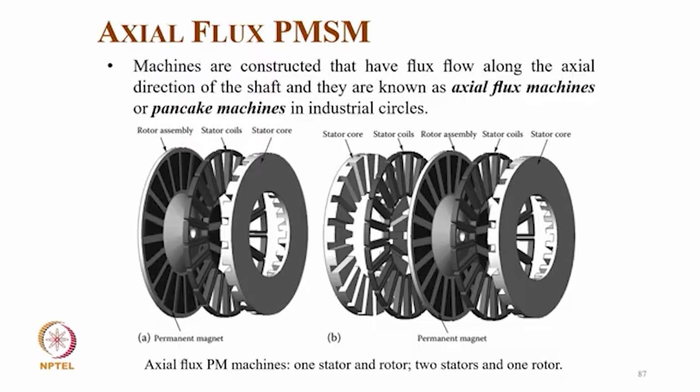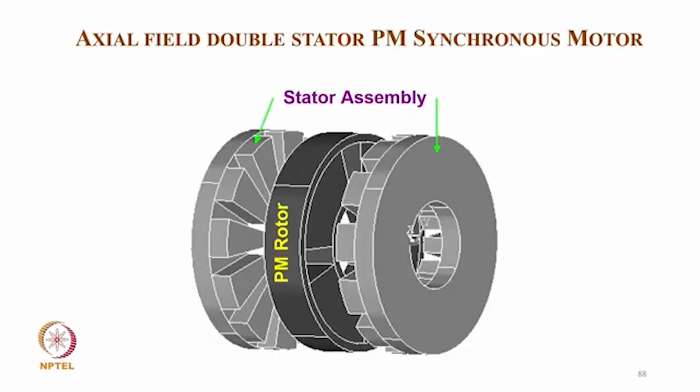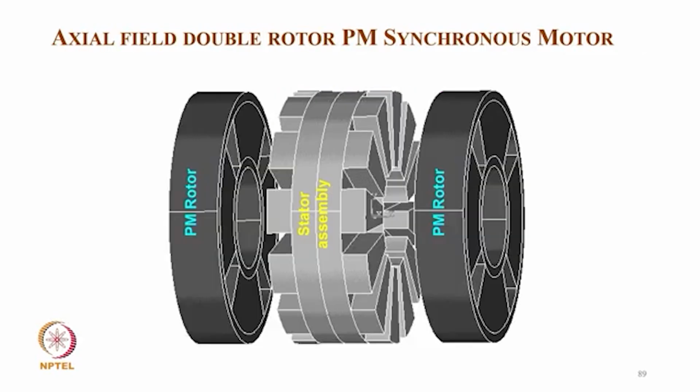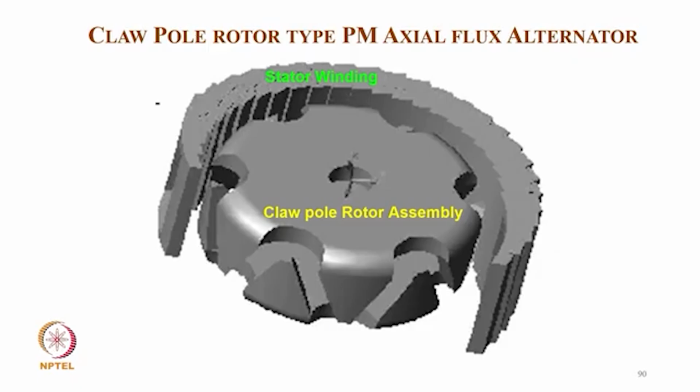So it's normally used as a disc motor with very high performance, or you can call it servo drive kind of applications, and with high efficiency. And this is typically how it looks like, a stator assembly as well as rotor, PM rotor in between. And then the other construction is that PM rotors are on both sides and stator is in between.